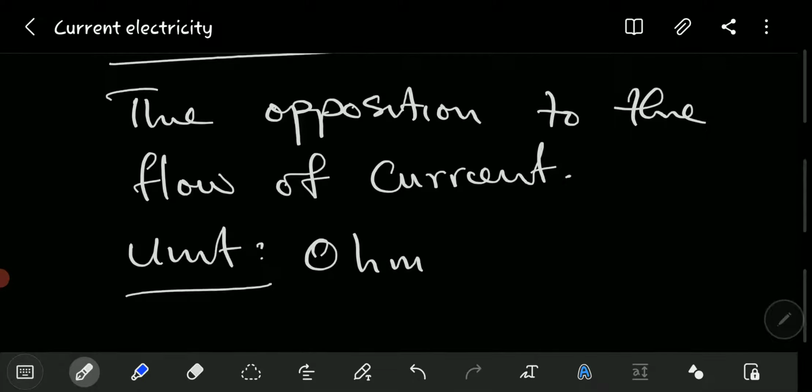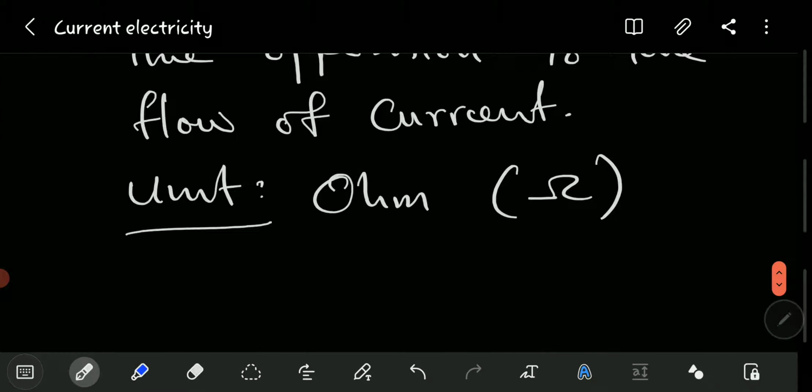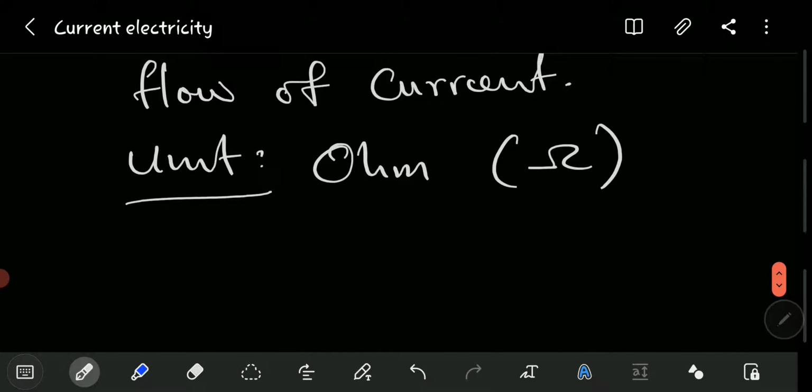So the ohm is the unit for electrical resistance, and it is denoted by the Greek letter omega. All right.